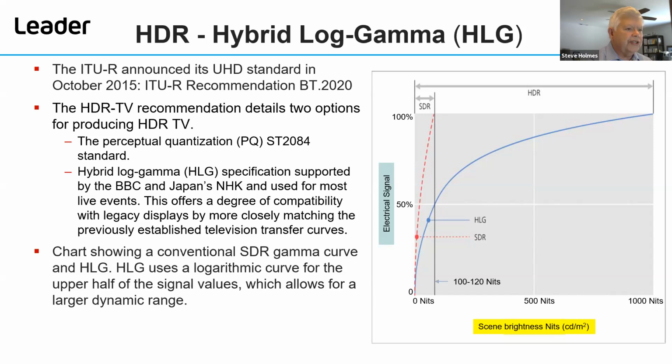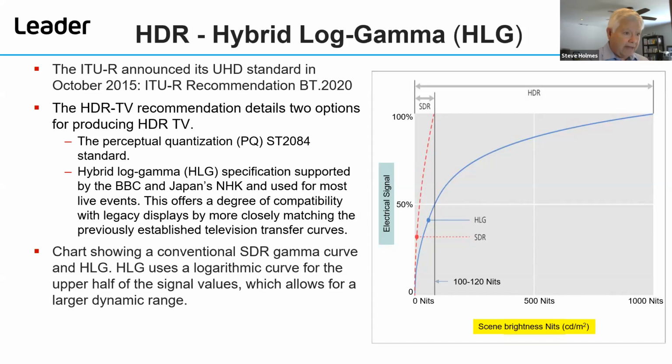One of the advantages of the HLG curve is it is backwards compatible with SDR. So if you look at the graph on the right-hand side, you'll see that the red is the standard SDR curve going to 100%. So what HLG does is the bottom half up to 50% is that standard gamma curve. From 50% up, it's a log curve. And basically all it's doing is taking the data that would normally be rolled off in the knee of the camera and giving us the ability to show that specular highlights.